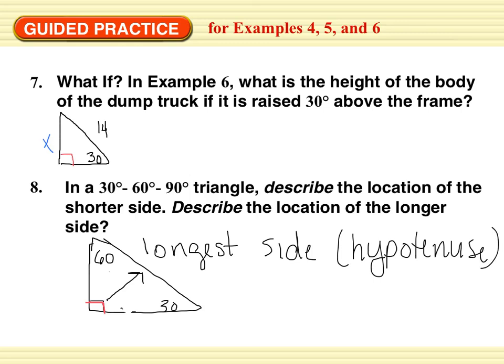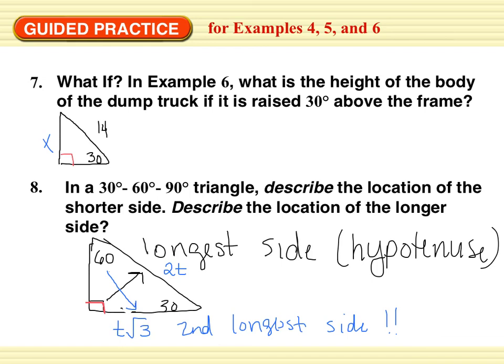If we look across from the 60, this is 2t, t square roots of 3, which is the second longest side. The second largest angle is across from the second longest side.